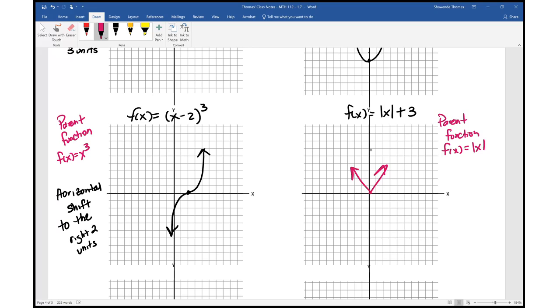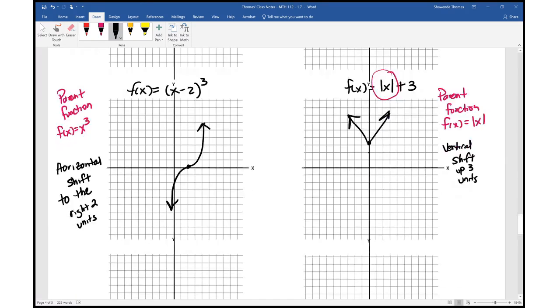However, is this vertical shifting or horizontal shifting? Well, we have a parent function plus or minus c. You have that c on the outside, not enclosed this time. So we have vertical shifting. Where though? Vertical shift up 3 units. So we take that middle part, we go up 1, 2, 3. We're here instead.